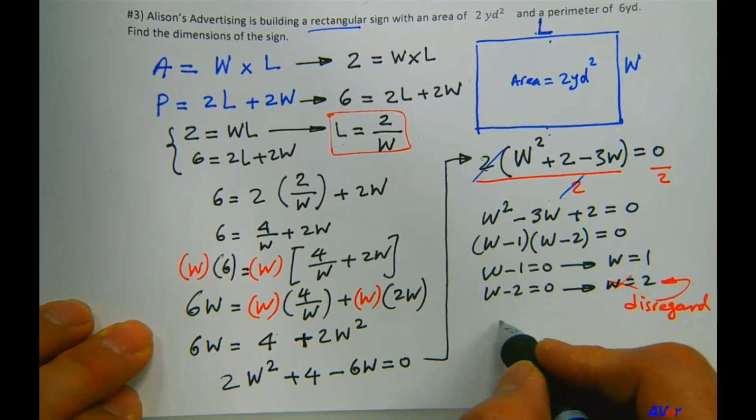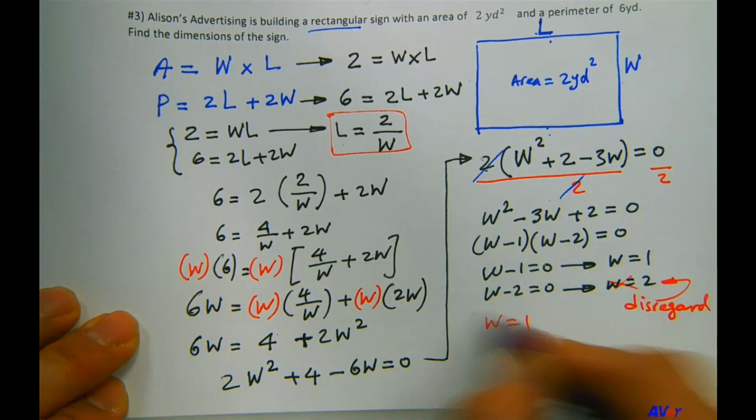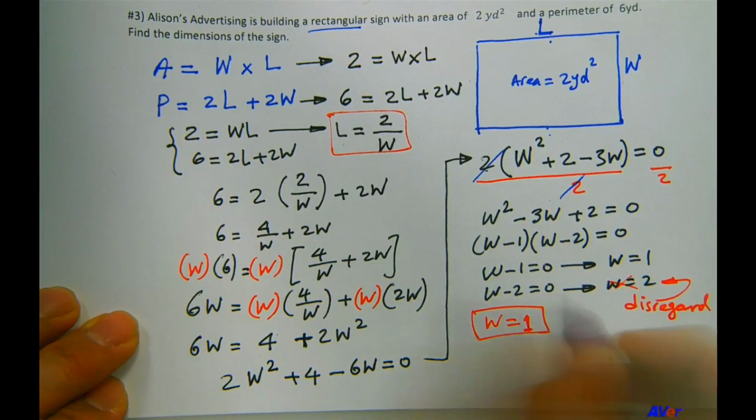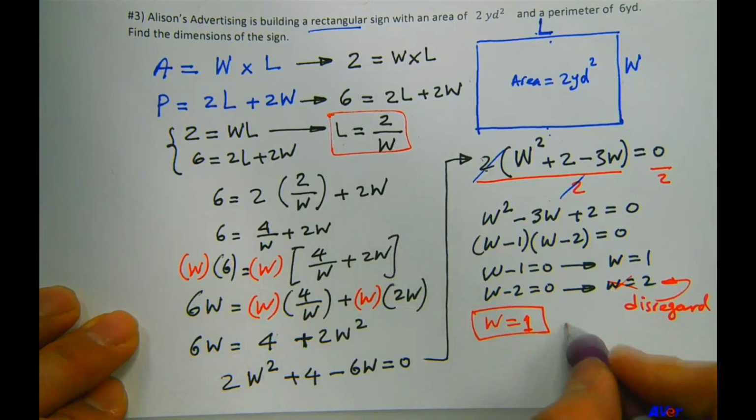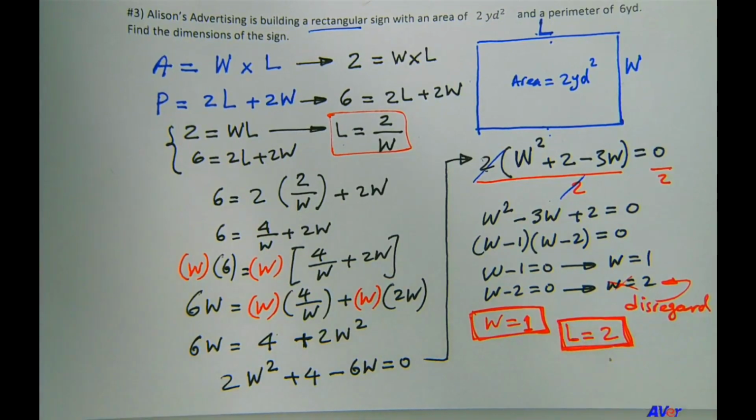So W equals 1 and length equals 2. 1 yard for the width and 2 yards for the length. Okay?